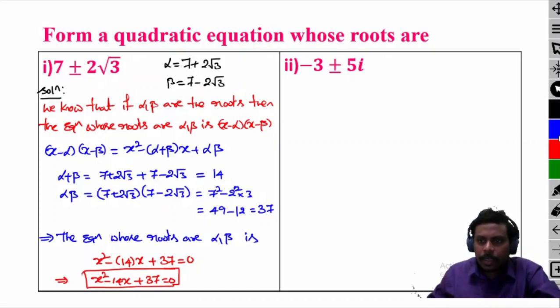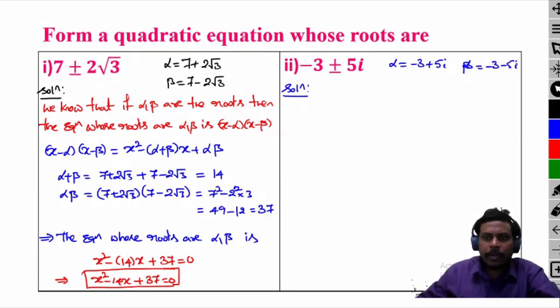Now similarly we can solve this problem also. Here, let us write down the solution. Given alpha is equal to minus 3 plus 5i and beta is equal to minus 3 minus 5i.